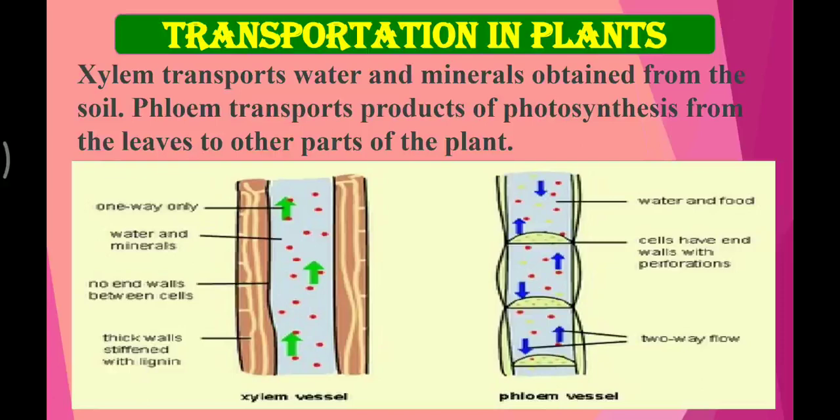Next, phloem transports products of photosynthesis from the leaves to other parts of the plant. Now, where is the food prepared? In the leaf. Once the food is prepared, that food is sent to all parts of the plant by phloem. The cells which help in the transportation of food are called phloem, and the transportation of food is called translocation, and transportation of water is done by xylem.